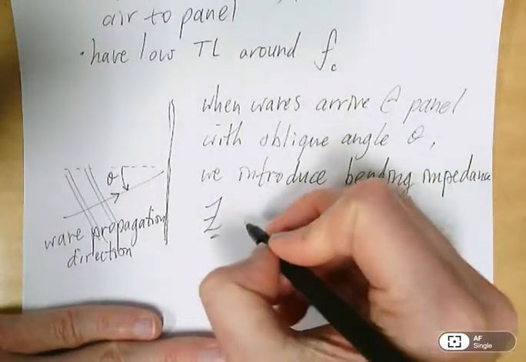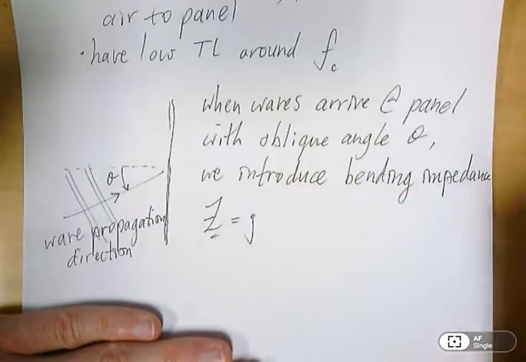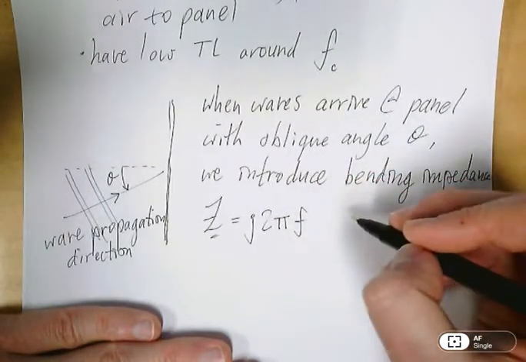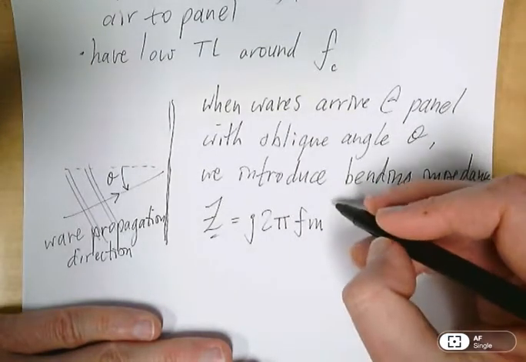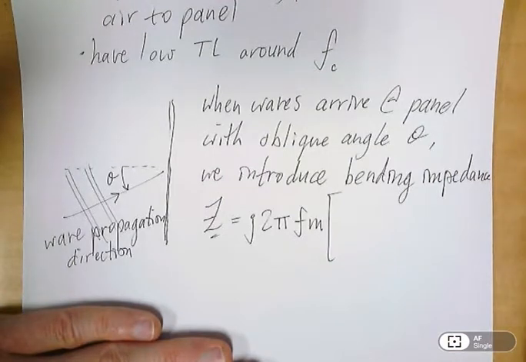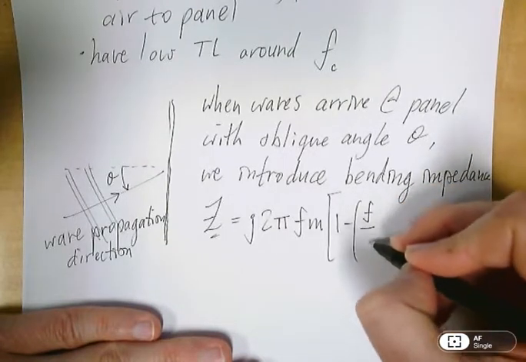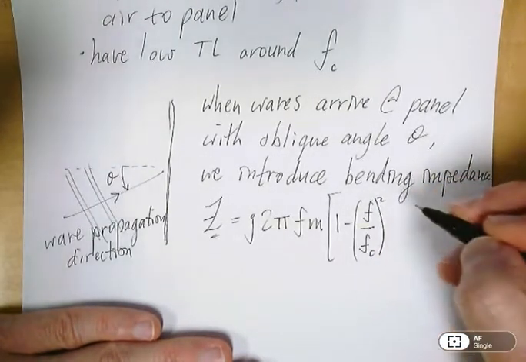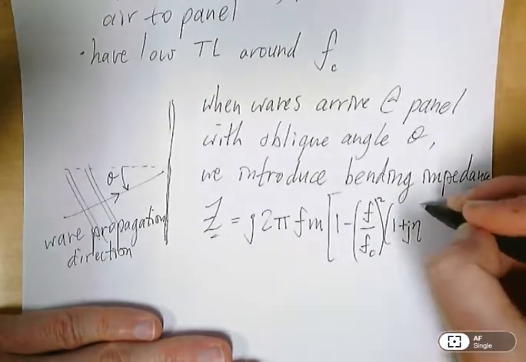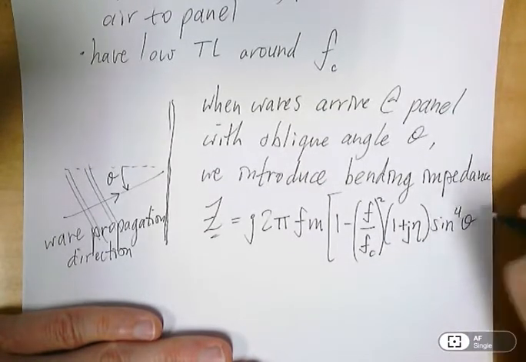So the bending impedance is complex, as it was before, and it's J, the imaginary number, times 2 pi F, the frequency in hertz, times M, the surface density, and then times a collection of terms here in the brackets. We will have 1 minus the quantity frequency on critical frequency squared times 1 plus J times eta, I'll describe that in a moment, times sine to the power 4 of the oblique angle, and then close that bracket.